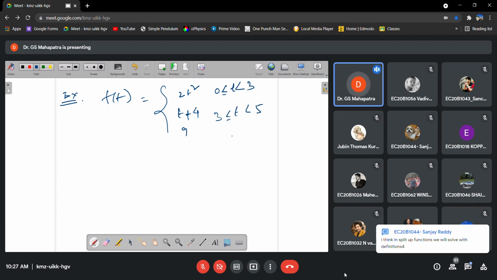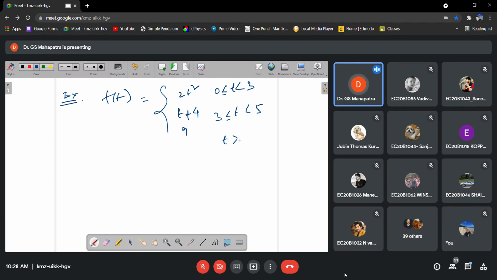Just few minutes back, if I go back, you can find this function: f1, f2, f3. These three functions have three different natures. The last one is constant, that means a straight line. But t plus 4 is linear increasing, and 2t square is rapidly increasing.